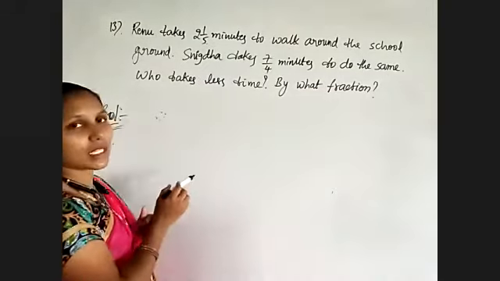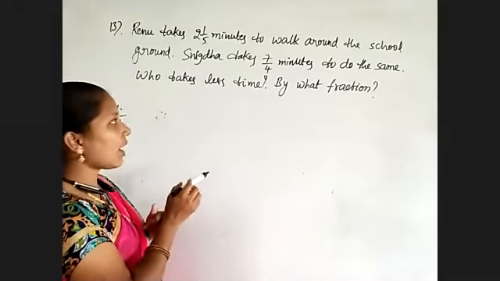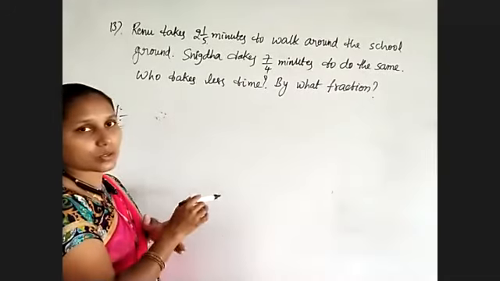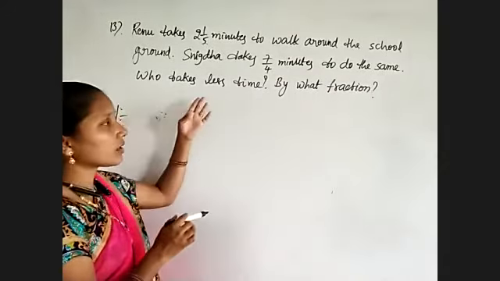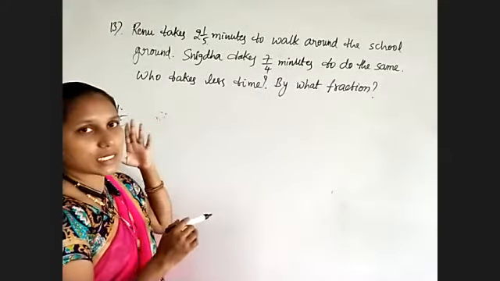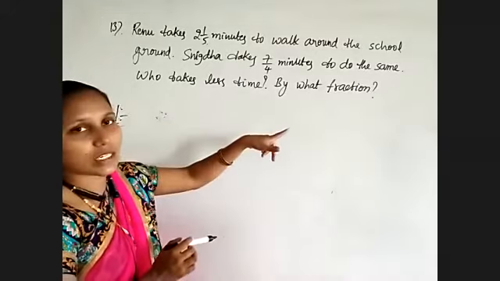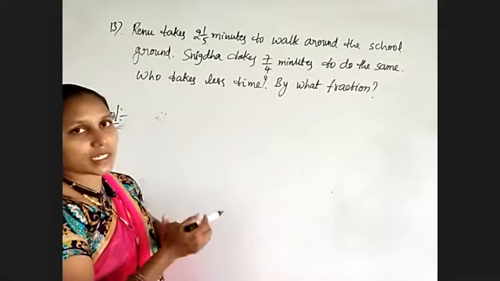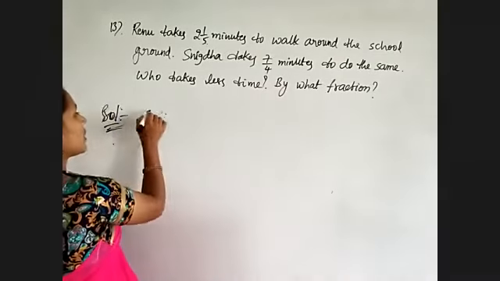First we need to convert them into like fractions. After that, who takes less time? So by comparing those two fractions, we need to find who is using less time. After that, by what fraction they are asking, means what is the difference between those two fractions also we need to consider.